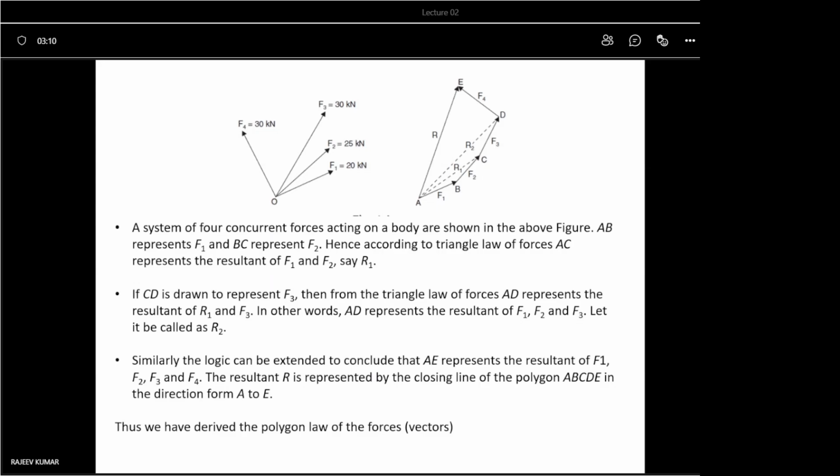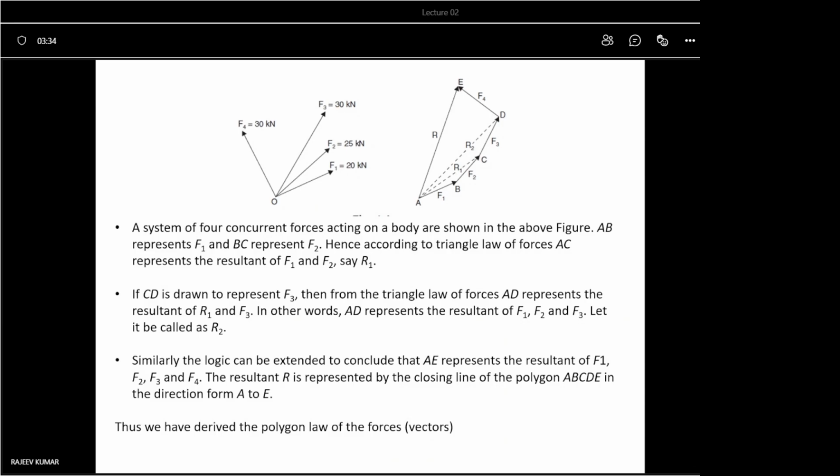So how the resultant will come? You join point A, the initial point, and the last point. Suppose by doing this one way polygon is there and you have reached in the third coordinate and fourth coordinate, then what will happen?